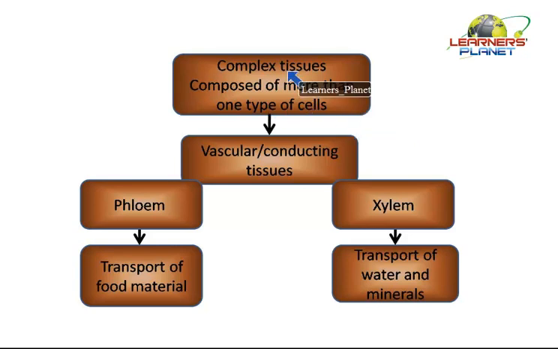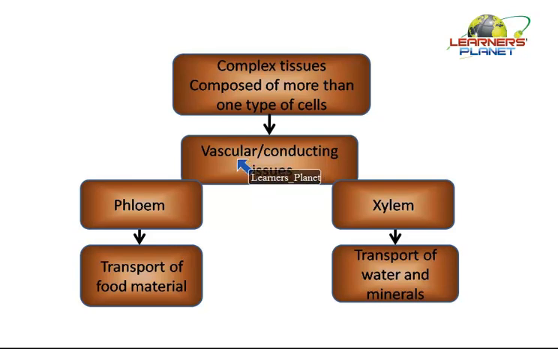Now these complex tissues are also known as vascular tissue or conducting tissue. Why? We have discussed in detail in the previous session. Vascular, because these tissues are forming the vessels, and these vessels actually help in conduction of various materials in different directions.